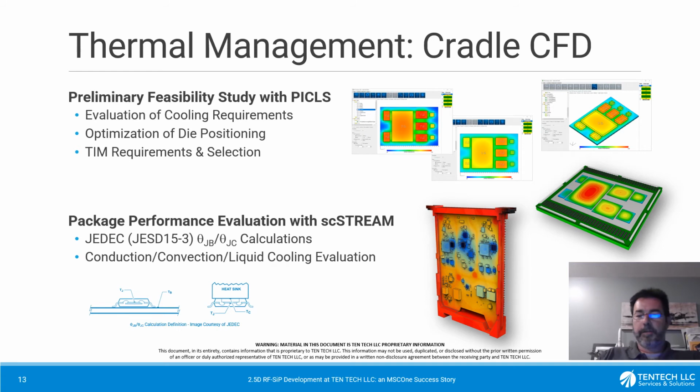So we can very quickly, using the same model, look at conduction, convection, liquid cooling, heat pipes, different other types of cooling or mixed cooling, cold plates. So all this is part of our thermal analysis or thermal verification and design trade studies.